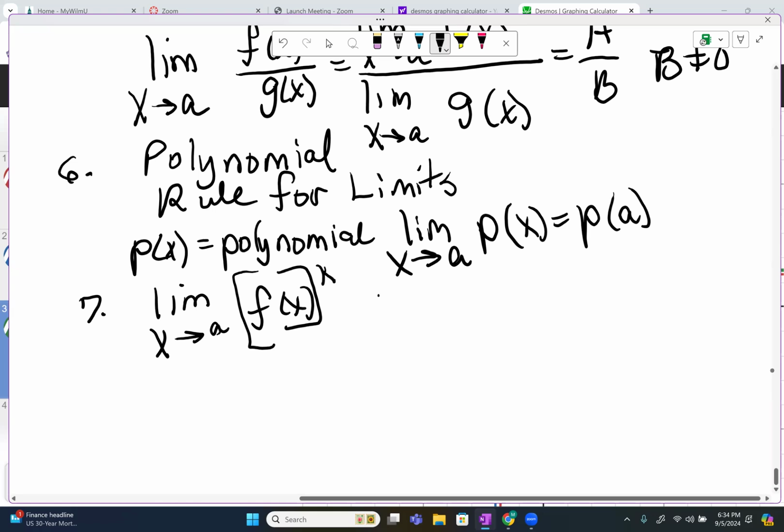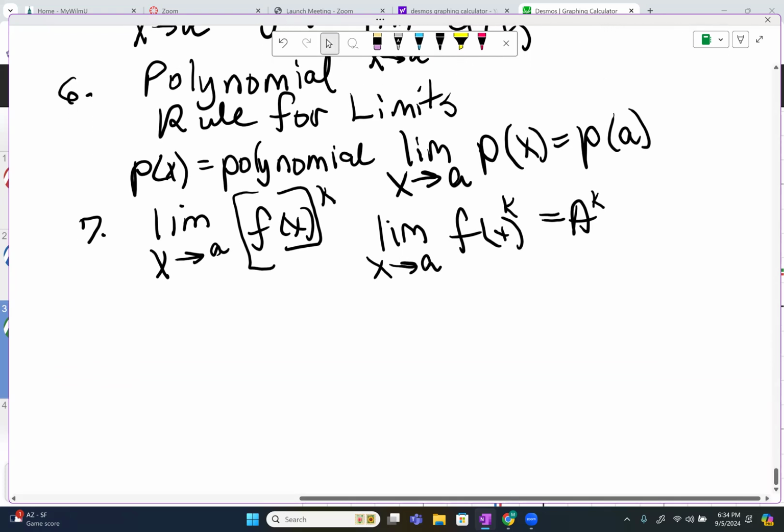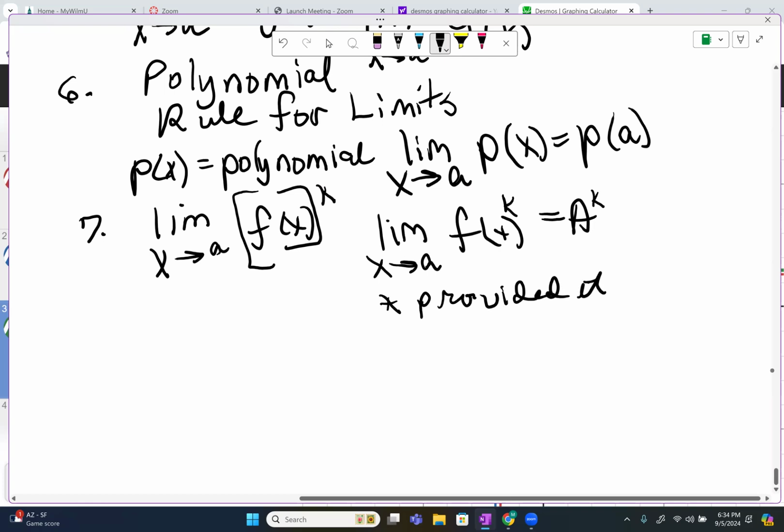Now, this becomes the limit as x reaches a for the f of x to the kth power, and this is equivalent to A to the k power, provided it exists. So make a subnote to yourself: that's provided it exists.